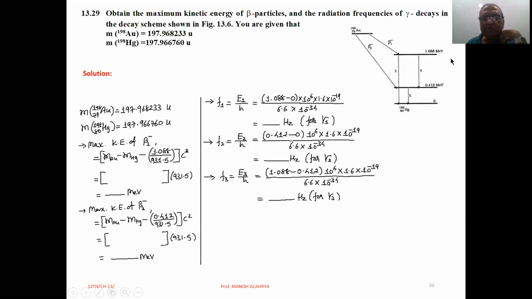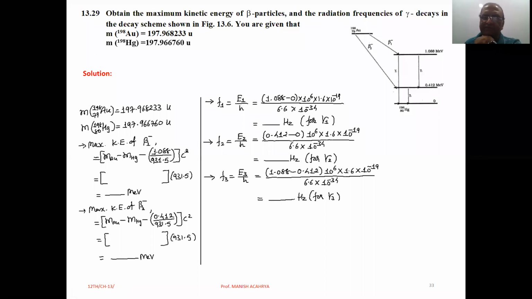Okay, here since c square is given to you as energy, in this case 1.088 MeV is the energy possessed by beta 1 minus. So when you are taking mass, this energy of beta minus, 1.088, when divided by 931.5, you will get the mass of beta 1 minus into c square. So now substitute the mass of Au and the mass of Hg as they are, and directly multiply by 931.5, and you will get the maximum kinetic energy.